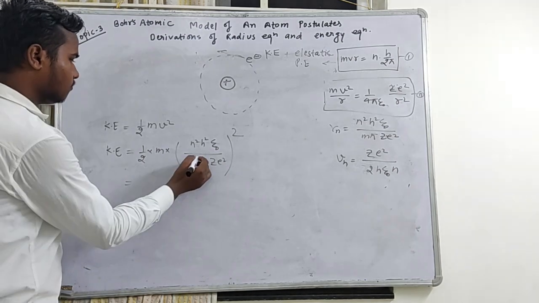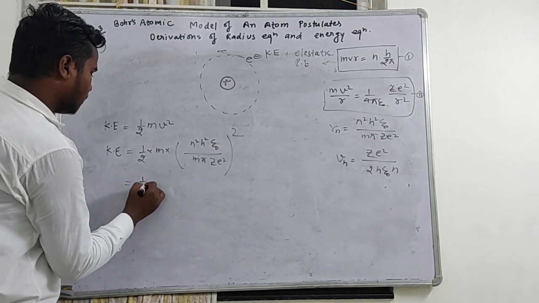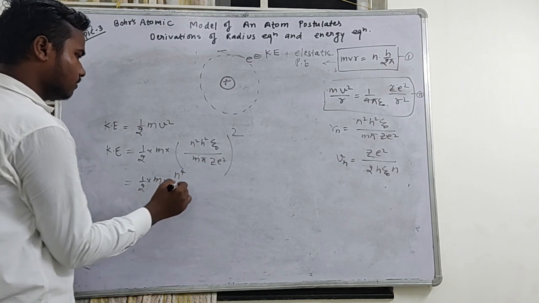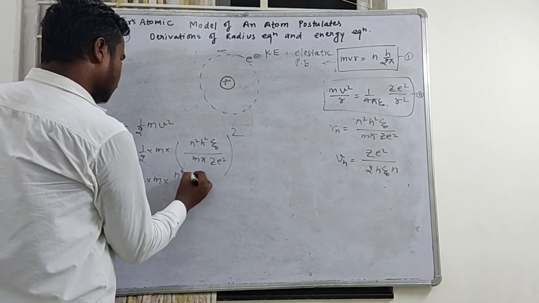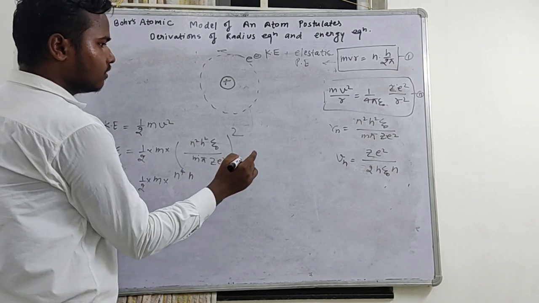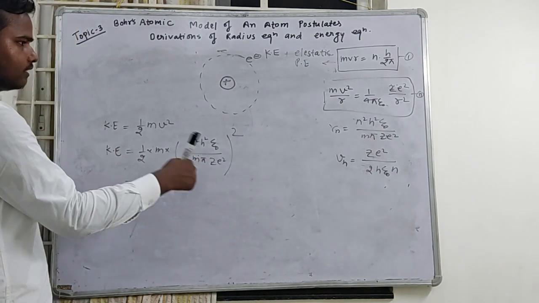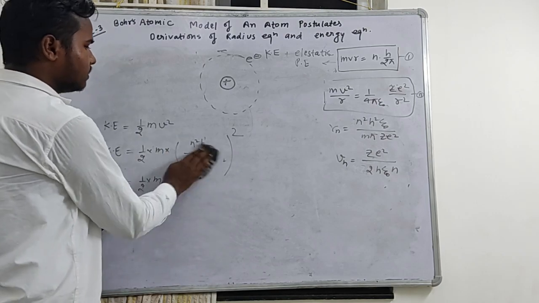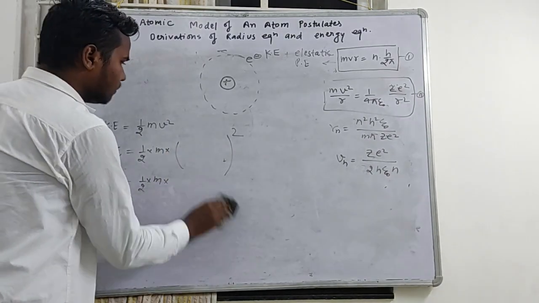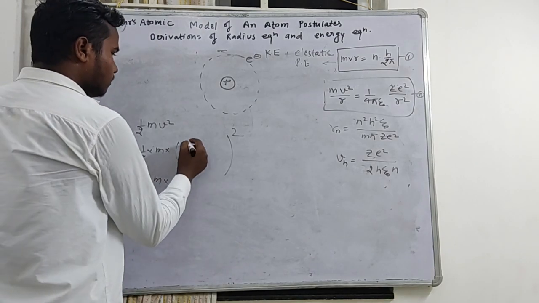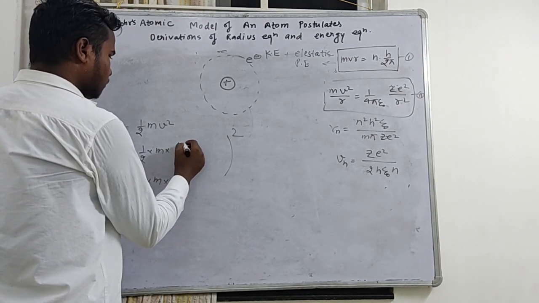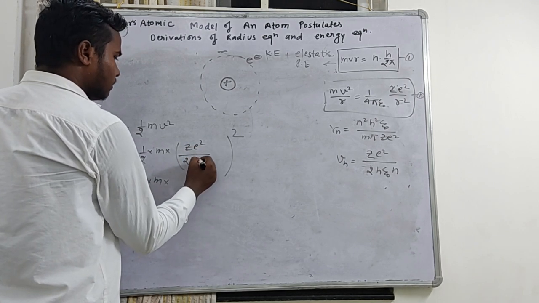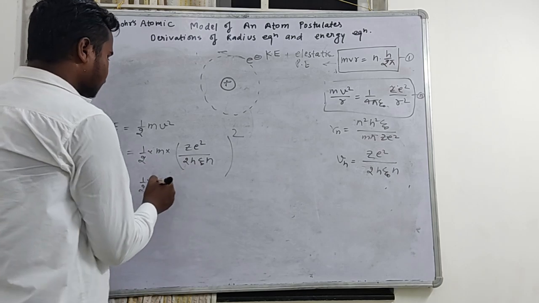Sorry, actually I put the radius; that's why we should put the velocity here: z into e square divided by 2 h epsilon naught into n.